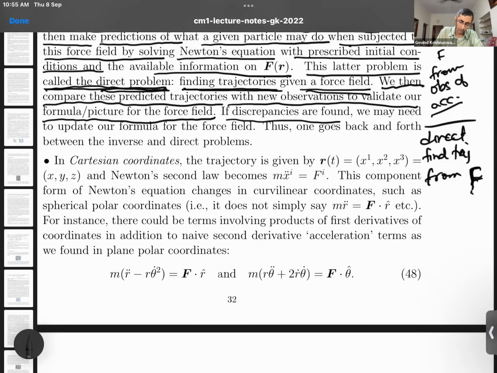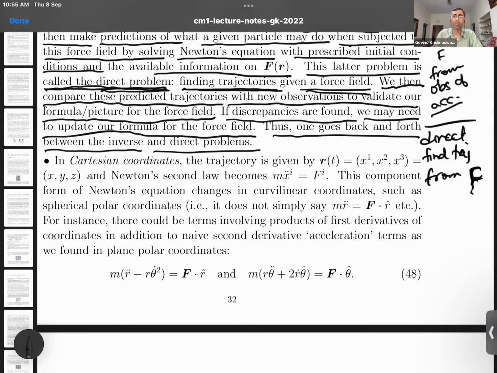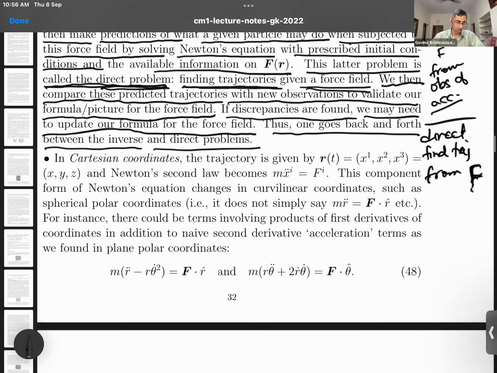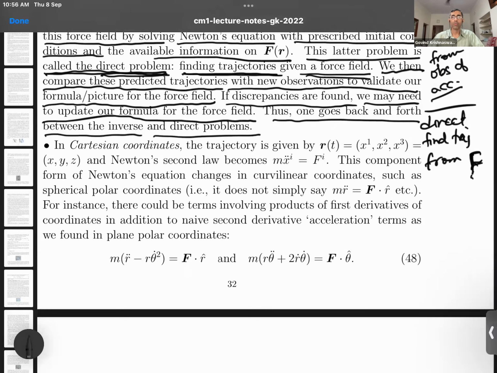If discrepancies are found, we may need to update our formula for the force field. We may need to refine it, improve it, and so on. So in this manner, one goes back and forth between the inverse and direct problems. I am telling you in a very operational way how you would use the framework of Newton's second law and first law to do physics.